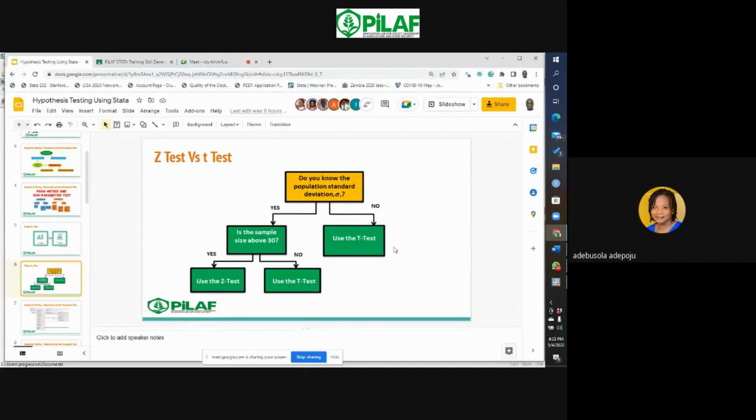Okay. So I think I mentioned that here. The reason is that the normal distribution has two parameters that characterize the distribution. That is the mean, and then the standard deviation.